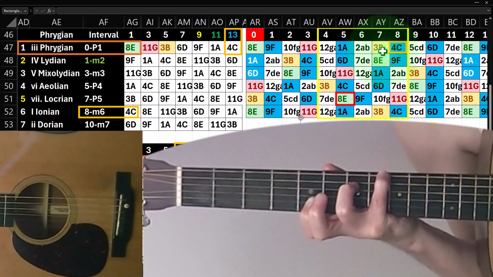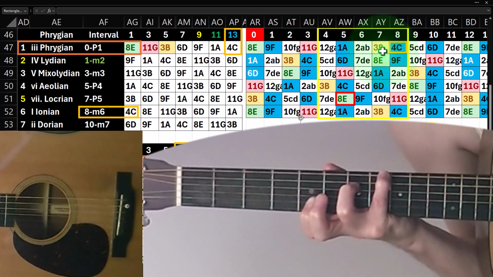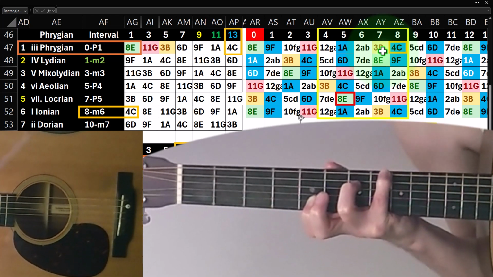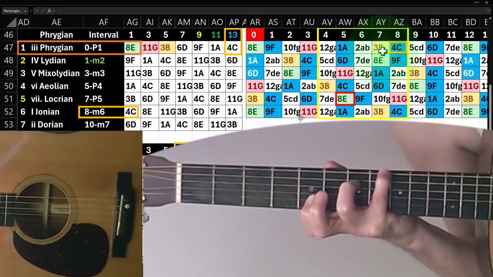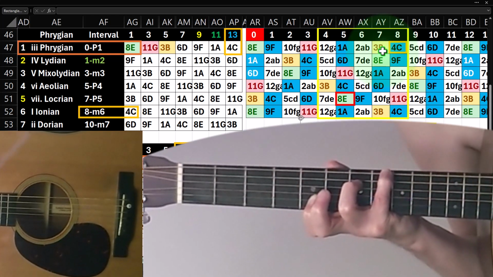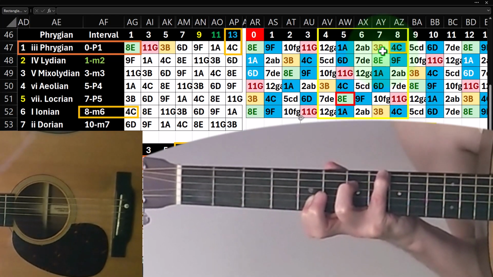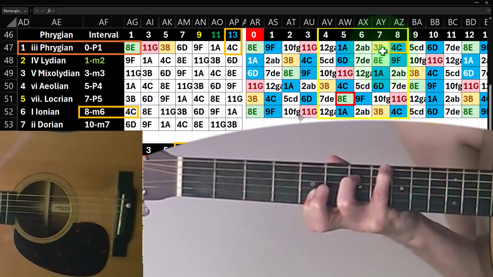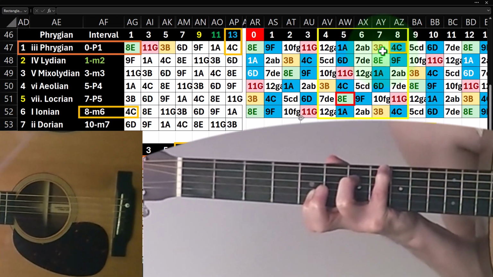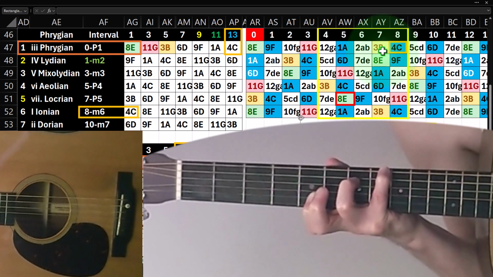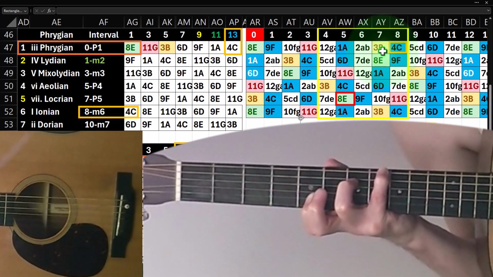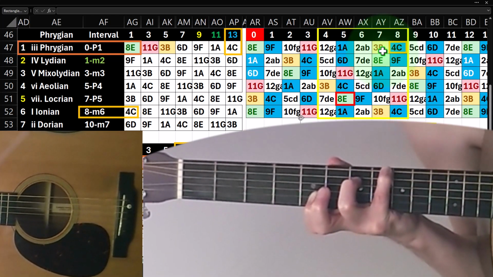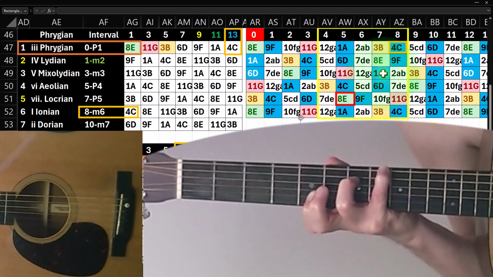So I don't really have to say I cross the fault line. If I go up 4 strings or down 4 strings, and I'm not thinking about going around the top of the guitar or the bottom of the guitar, then I have to cross the fault line, and therefore the distance will always be the same. So if I go up 4 strings, I'll always cross the fault line, and therefore the 8 note away minor 6, which could also be called the 8 note away minor 13, will always be 4 frets forward.